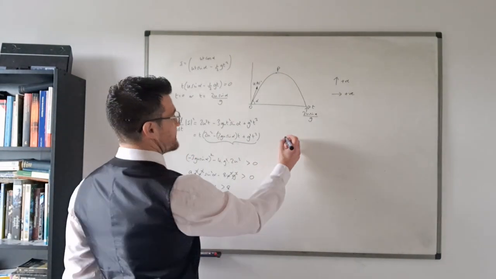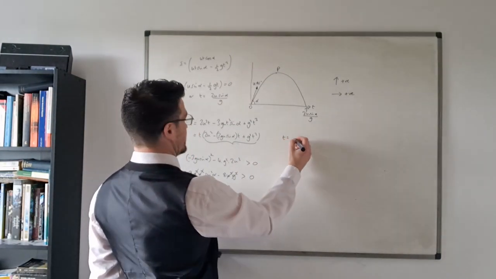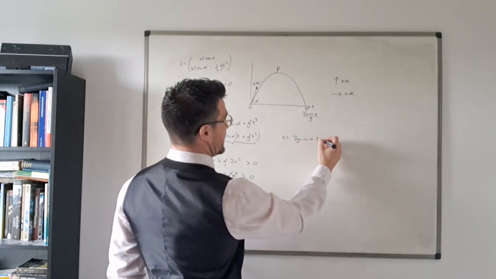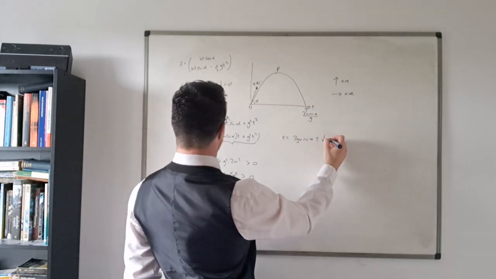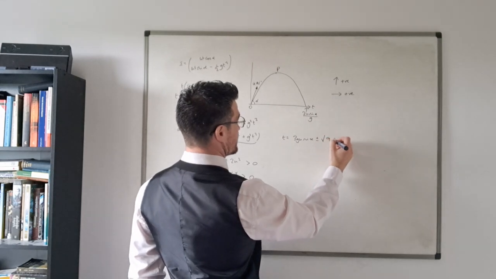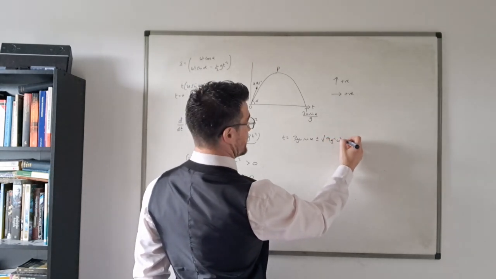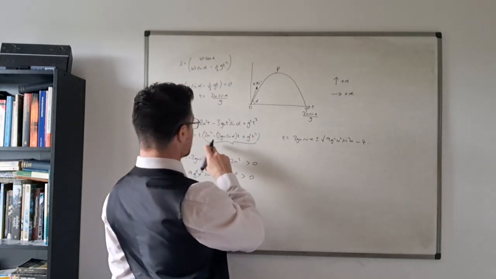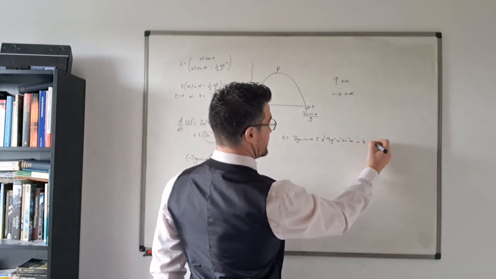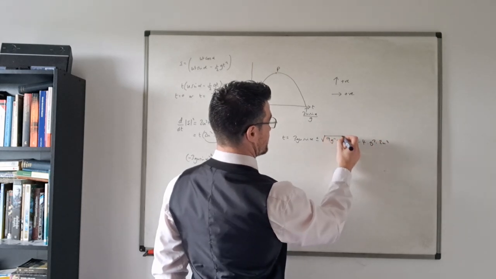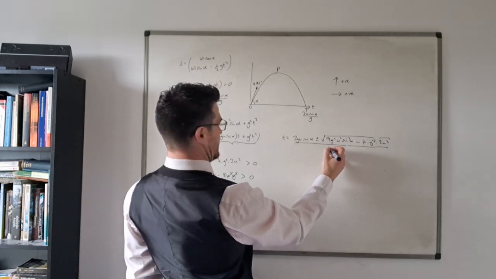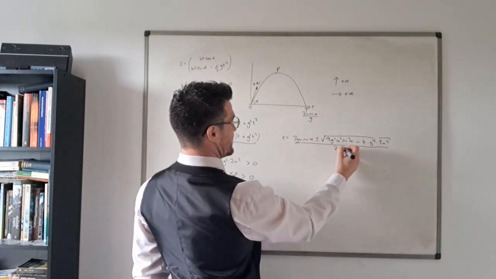So what you get is something like t equals 3g u sine alpha plus or minus the square root of 9g squared u squared sine squared alpha minus 4 times g squared times 2u squared, over 2g squared, I guess.